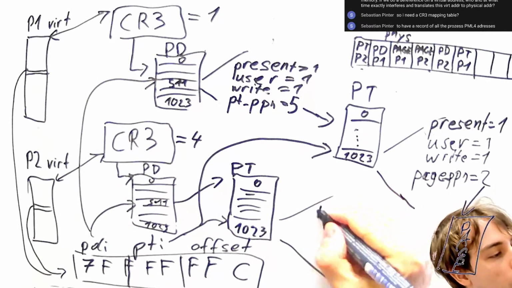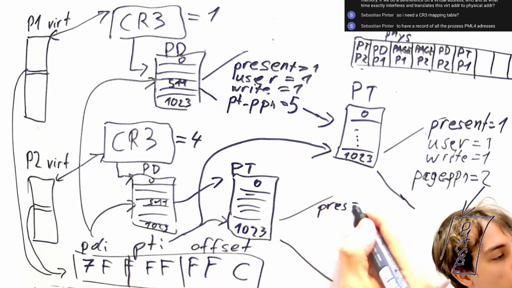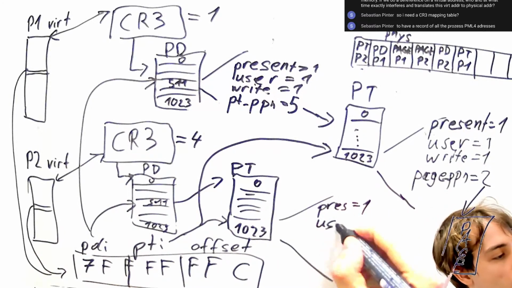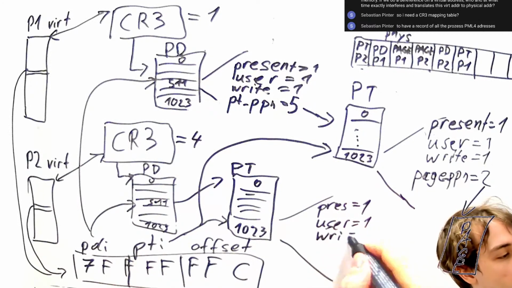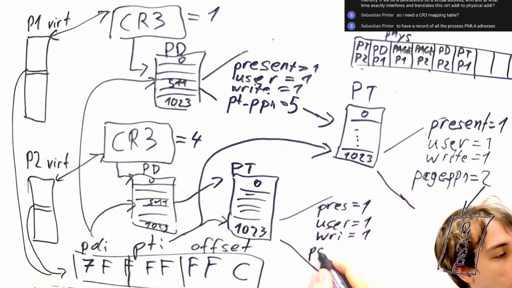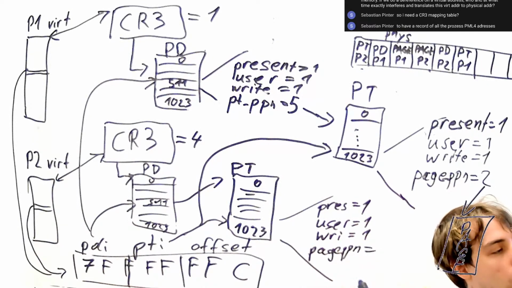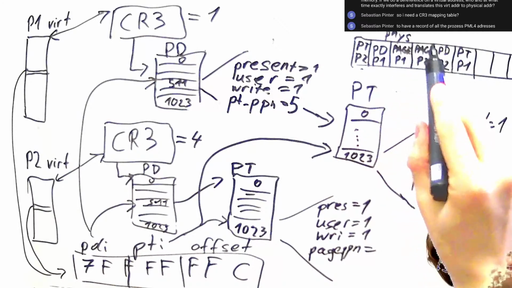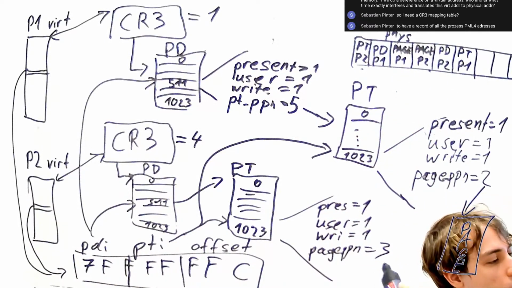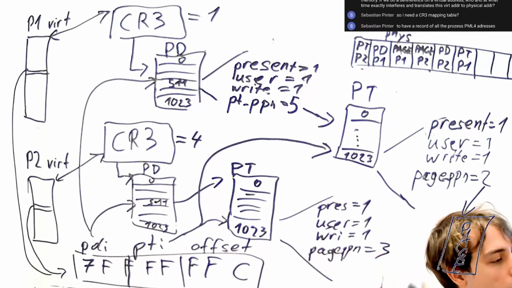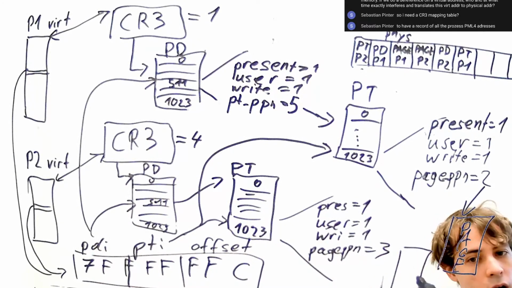And here we have the same. We have present equals 1. We have user it's 1. Writable is 1. And the page ppn is, in this case, 0123. Okay, this is page number 3. So this will be a different page. Let's draw it here.